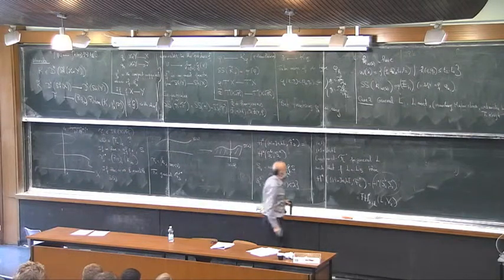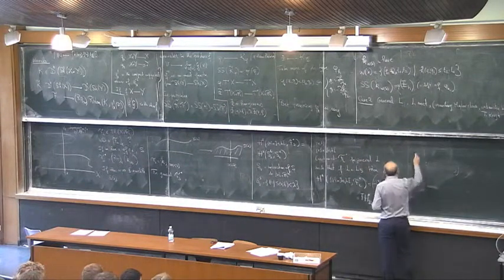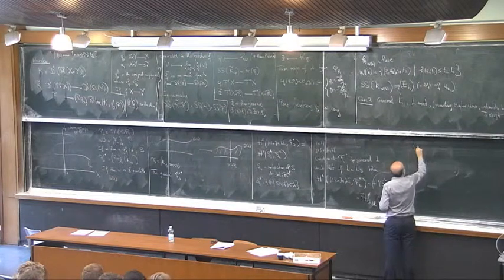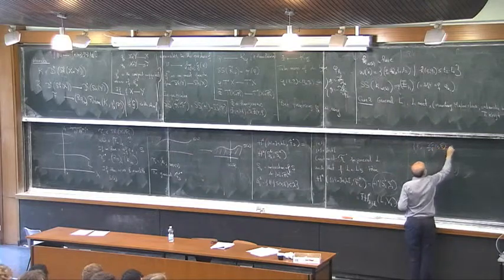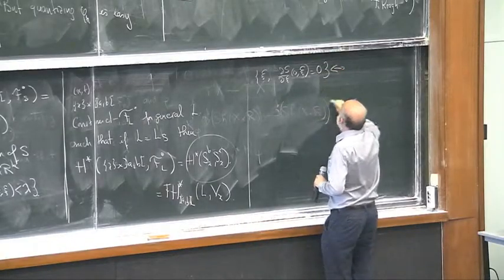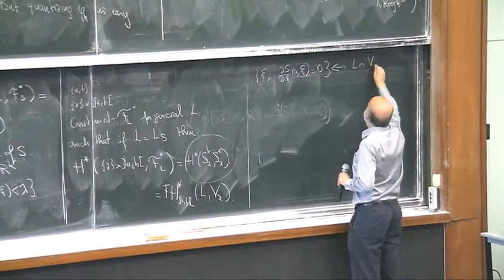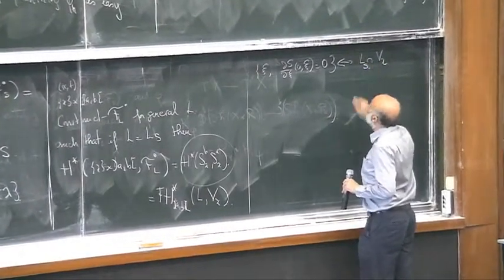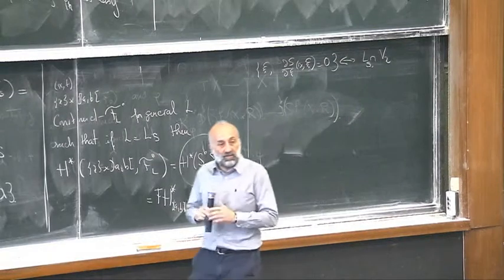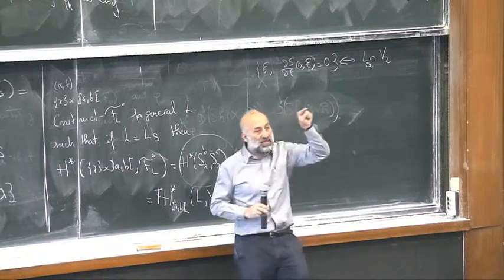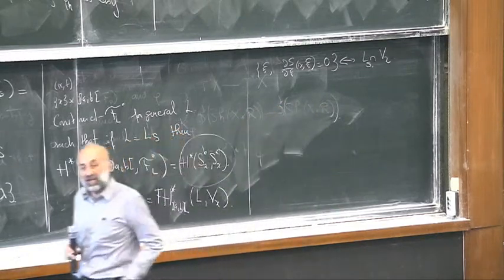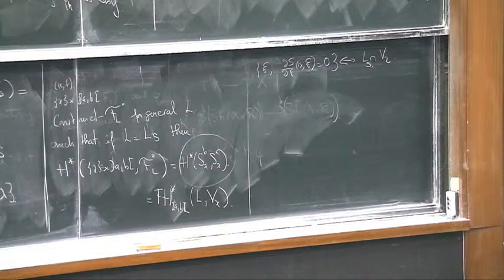So the set of ξ such that ∂S/∂ξ(x, ξ) is 0 is in one-to-one correspondence with L_S intersection V_x, of course. I mean, each point with ∂S/∂ξ equal to 0 gives you a point of L. And so you have exactly the same number of points. So it tells you at least that the generators are the same.